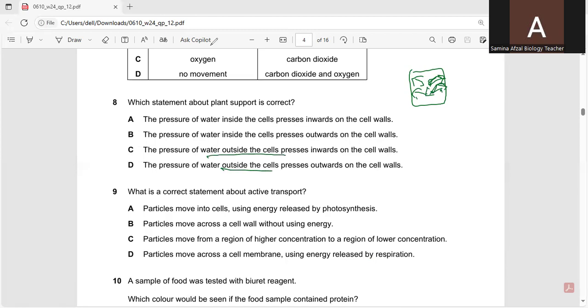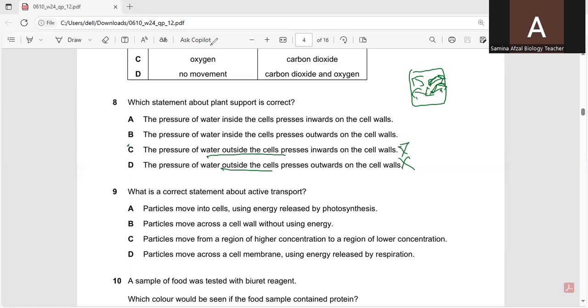The pressure from outside the cells will not protect it. Only the pressure of water will be produced inside when there is water, when the cell is turgid. So it will put pressure outwards onto the walls, but it will not burst because the cell wall is there, and the cell wall helps to protect it because it is porous in nature.